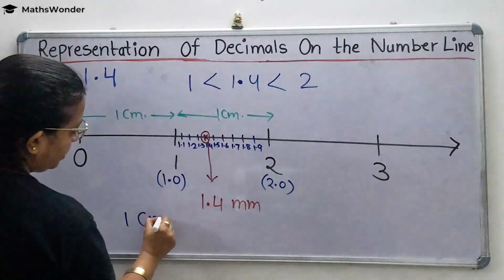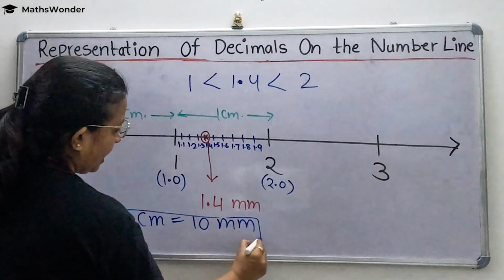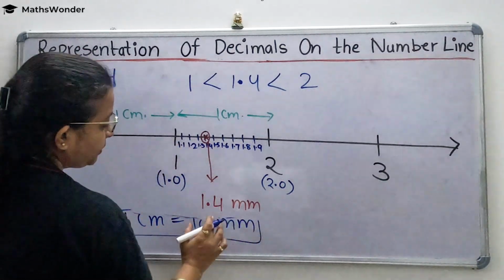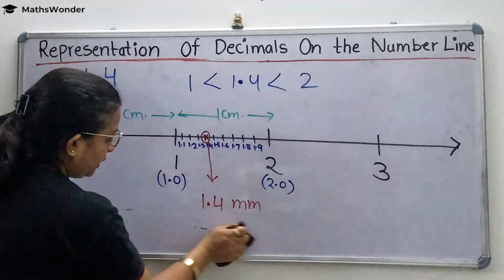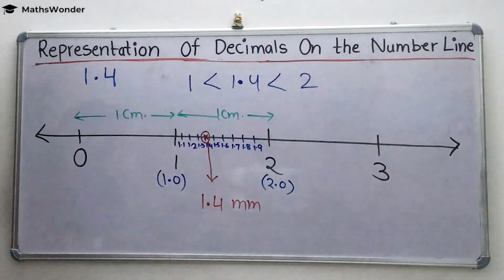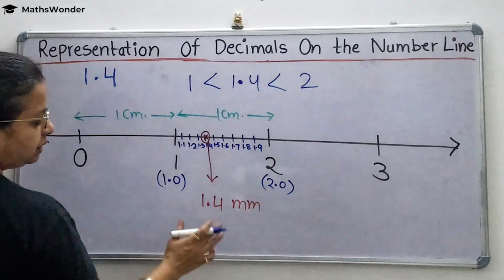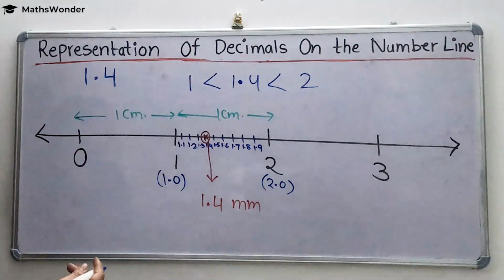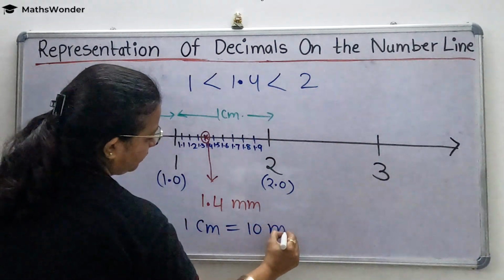So 1.4 means 1.4 millimeter. But in decimals we are not writing the unit as of now, because this is not an application question. We are just learning how to represent on the number line.